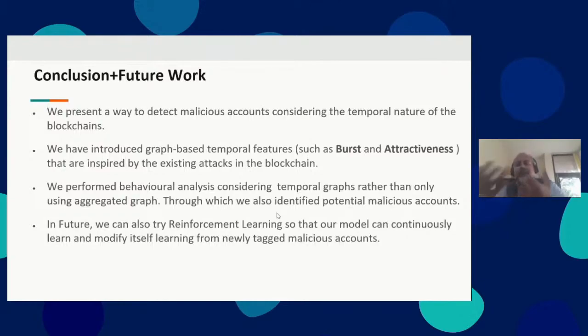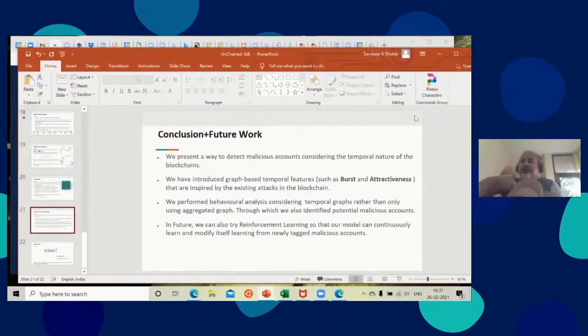We are currently working on using reinforcement learning so that the model can continuously learn and modify itself, learning from the newly tagged malicious accounts. That's the last thing I showed, that malicious behavior patterns also change over time, so we need to relearn some of these behaviors. So I think that is what I wanted to say.